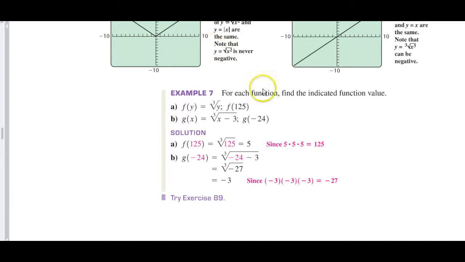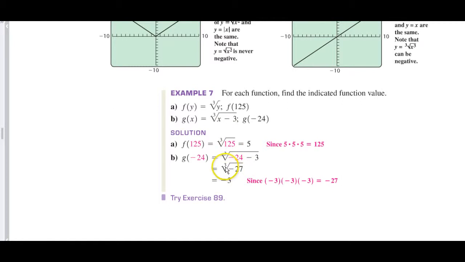So for 7, they're asking us to substitute this value for the y. So the cube root of 125, which is a perfect cube, is 5. And then here we're going to put in there a negative 24, which makes it a negative 27.